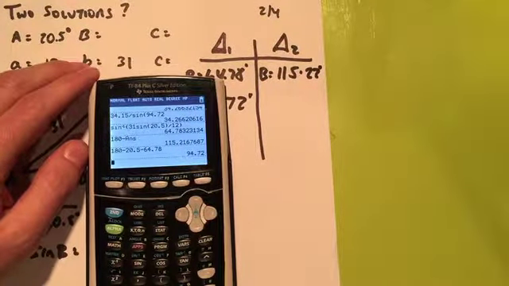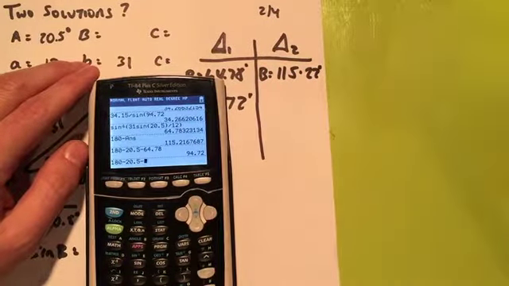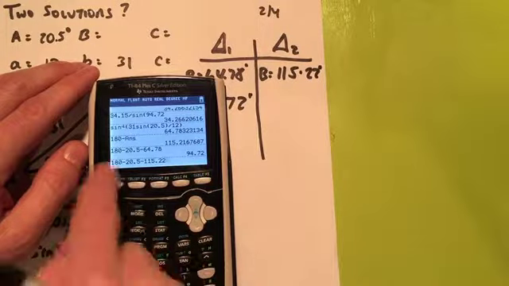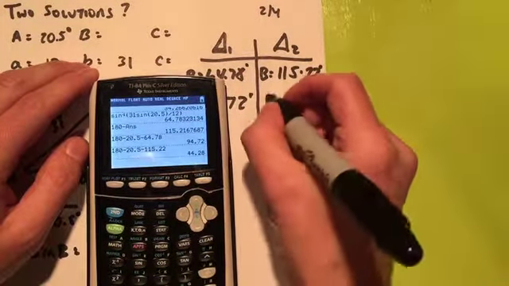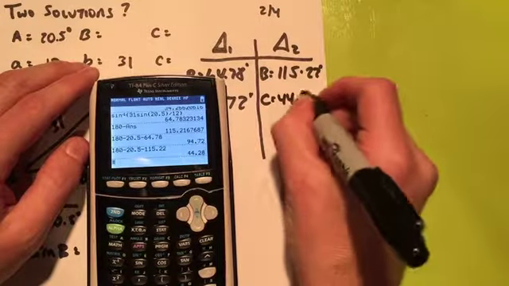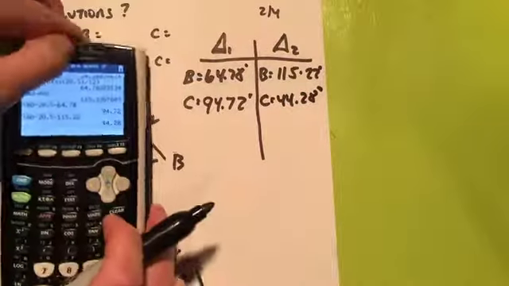Or triangle 2, we've got 180, we subtract 20.5 for A, we subtract 115.22, so 180 minus A minus B equals C. C gets us our 44.28 degrees. 180 degrees total in a triangle.